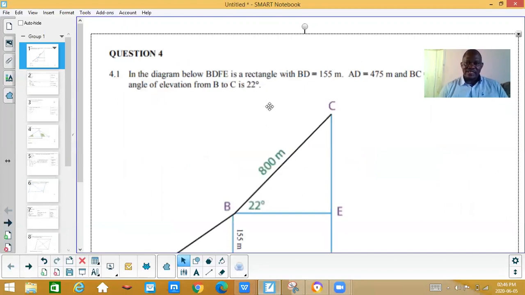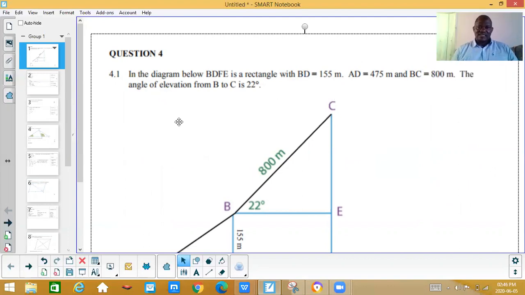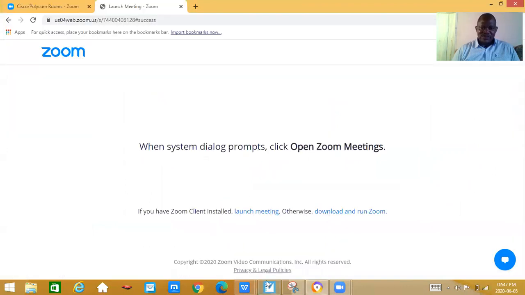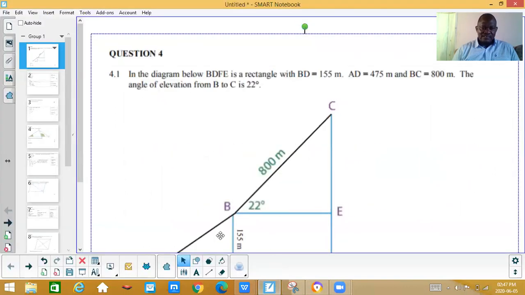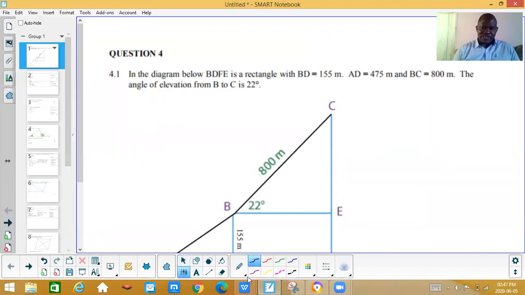In the diagram that we were given there, we have EF, the rectangle. The fact that they are saying it is a rectangle means you need to know the properties of the shapes you are talking about.